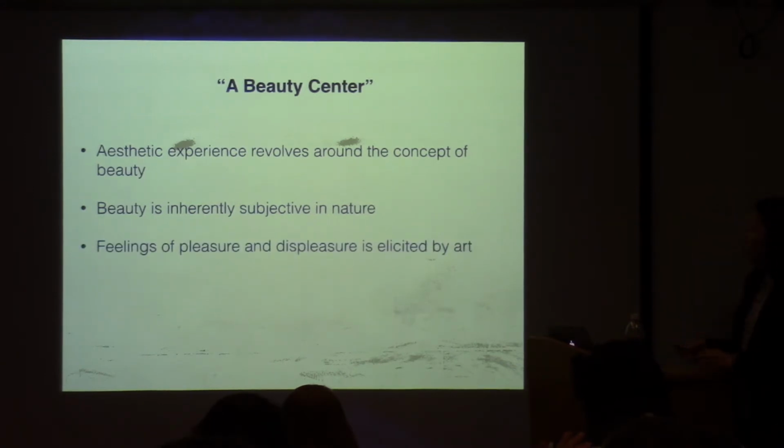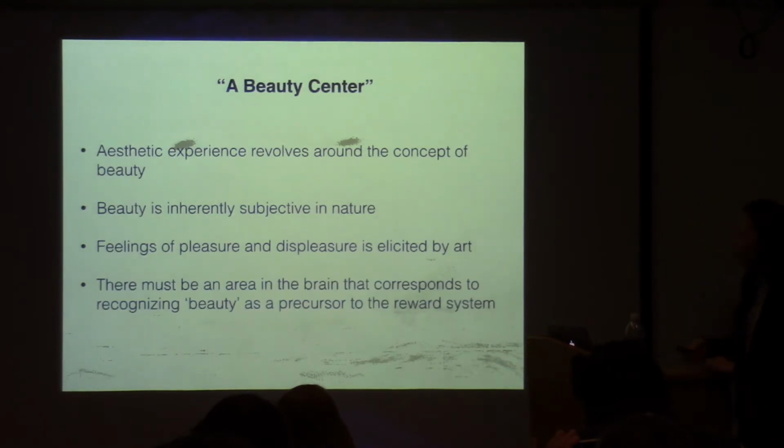But we know that all of us feel some kind of pleasure or displeasure elicited by looking at an artwork. And that's what the researchers decided to tap into. We think that there must be an area in the brain that corresponds to recognizing beauty in artworks as a precursor to the reward system.